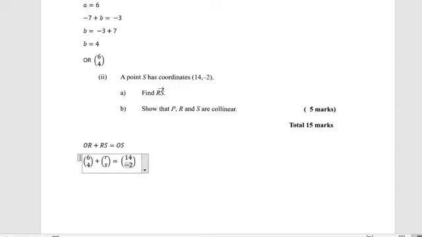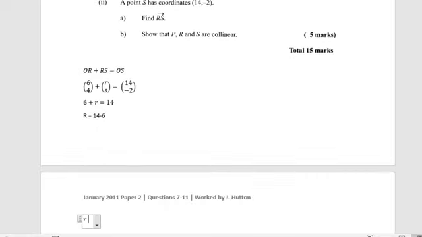So we can go ahead and now solve. It will be 6 plus R is equal to 14. So therefore R is equal to 14 minus 6, and therefore R is equal to 8.